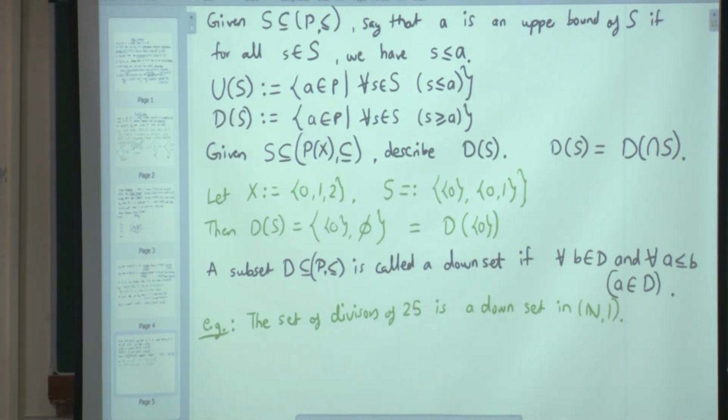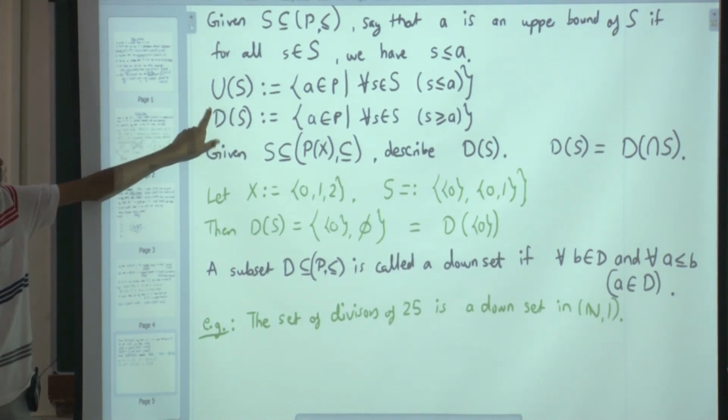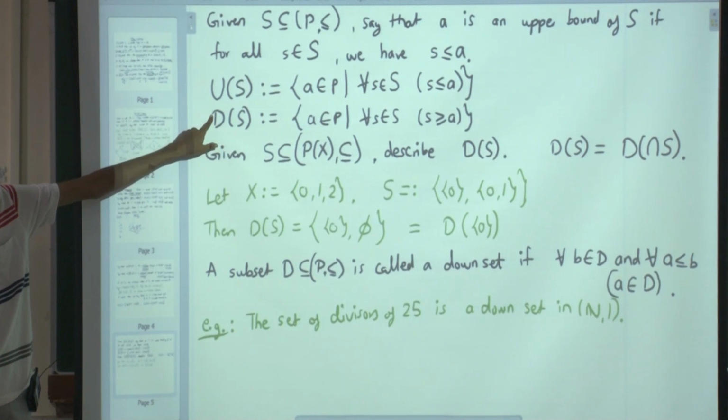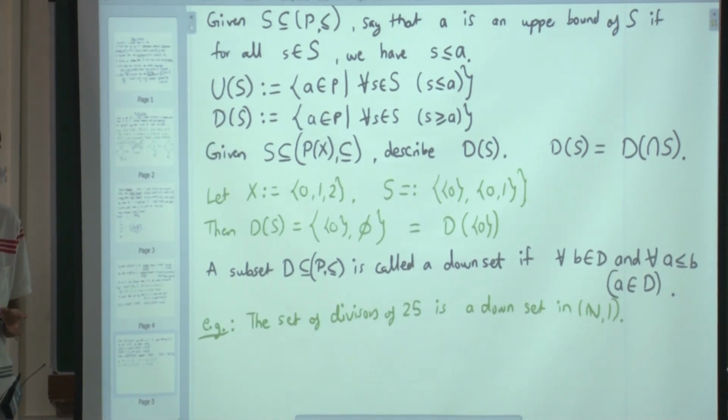So what are standard examples? Well, these ones. These downsets are always downsets.